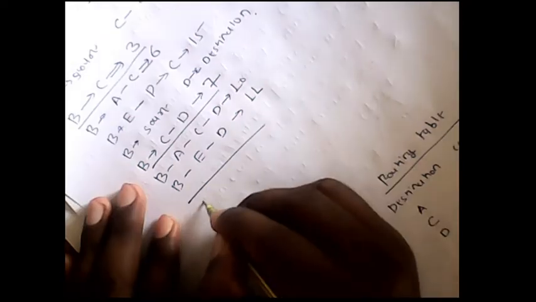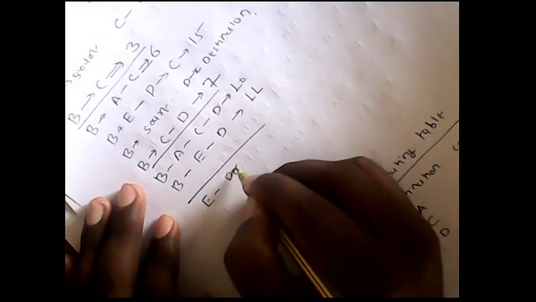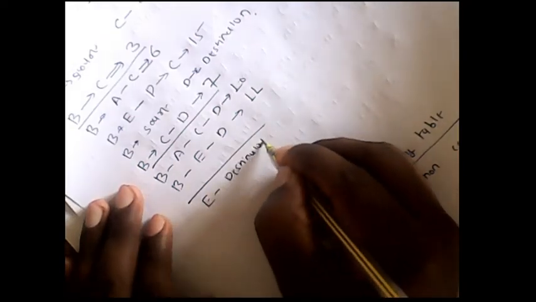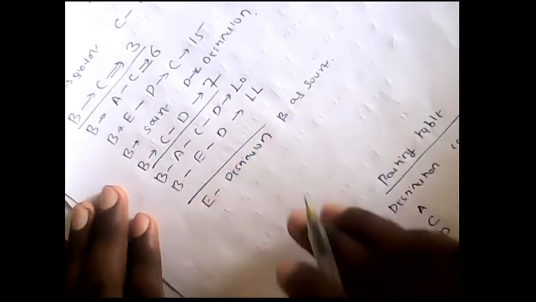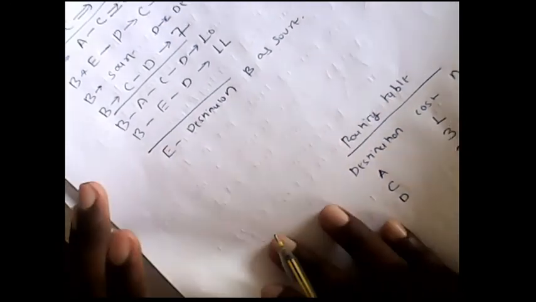Then we go to E as a destination point and B as a source. From B to E, the first path is B to E directly, and the cost is 9.